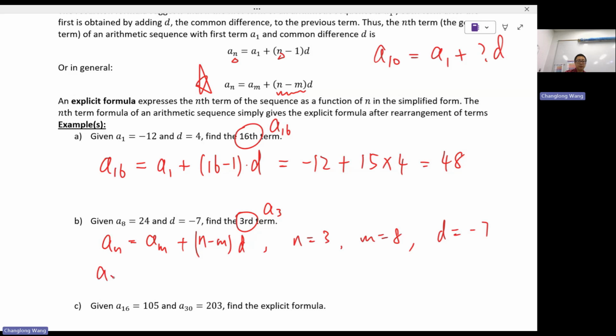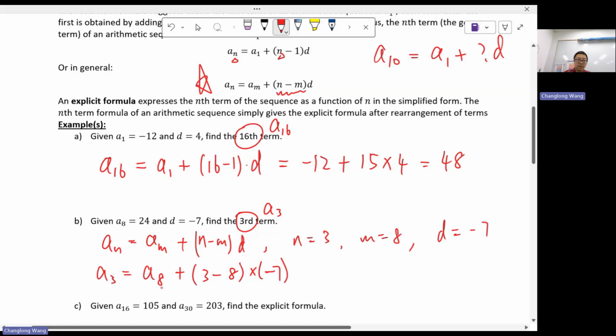Therefore, a sub 3 is a sub 8 plus 3 minus 8 times negative 7. Oh, I should have put in the actual value for a sub 8, so that's 24. All right, so that will be, what is that? 59.